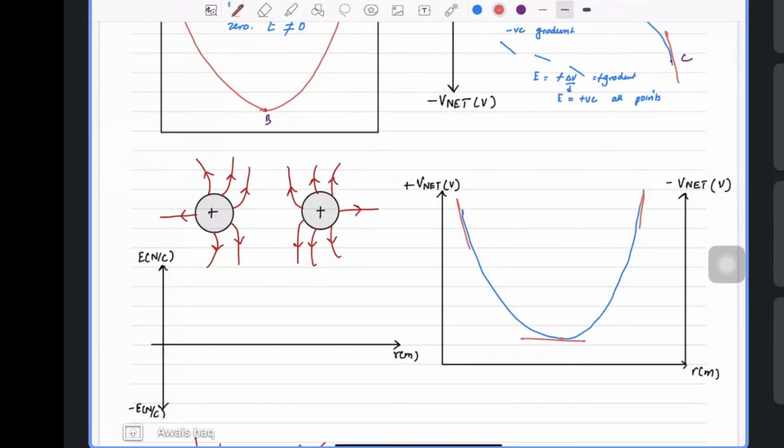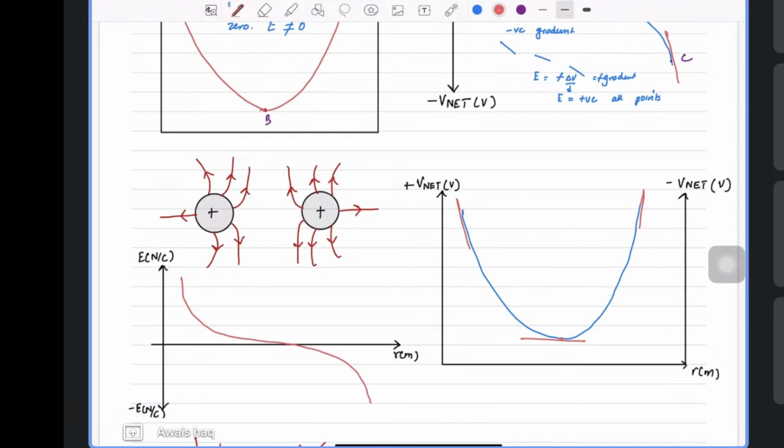Yes, sir. Okay. So, what I'm saying is that these graphs, because they have negative gradients, the graph would now be something like this. It would reach 0 and then it will go like this.